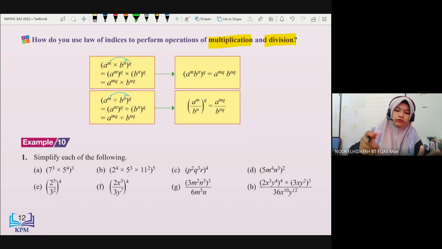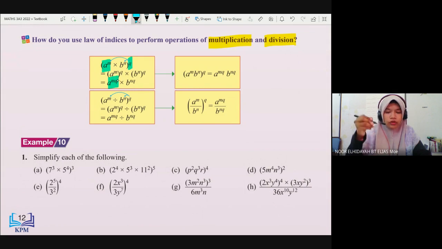You have to multiply all the index yang ada dalam bracket. So here you have a to the power of m multiplied with power of q, so a to the power of mq, multiply b to the power of n, you have to multiply q, so b to the power of nq.